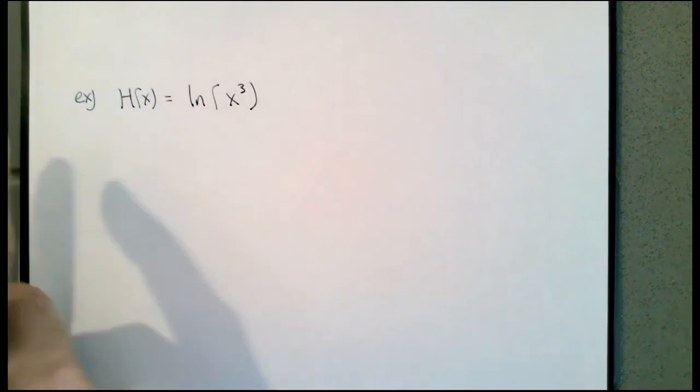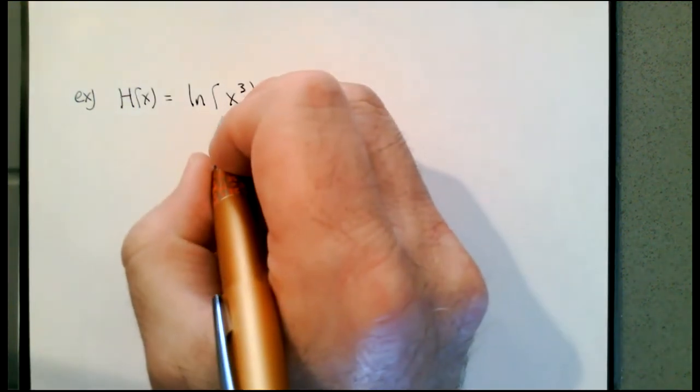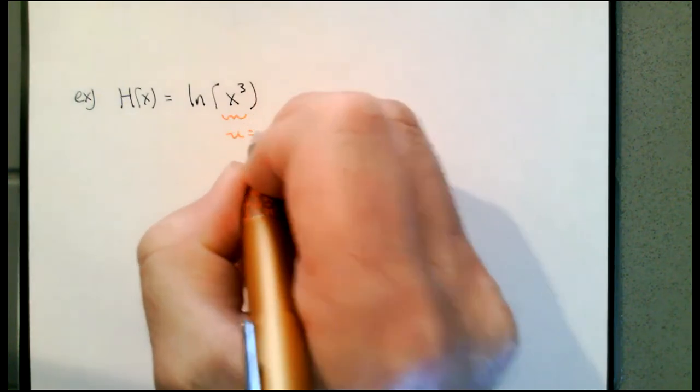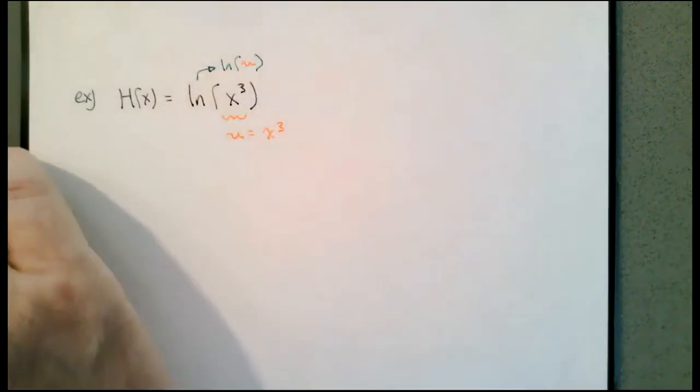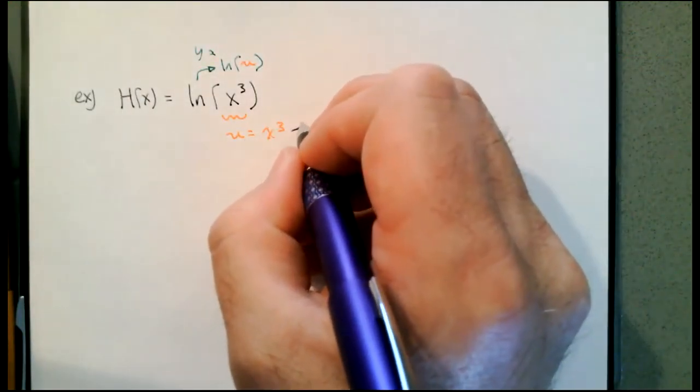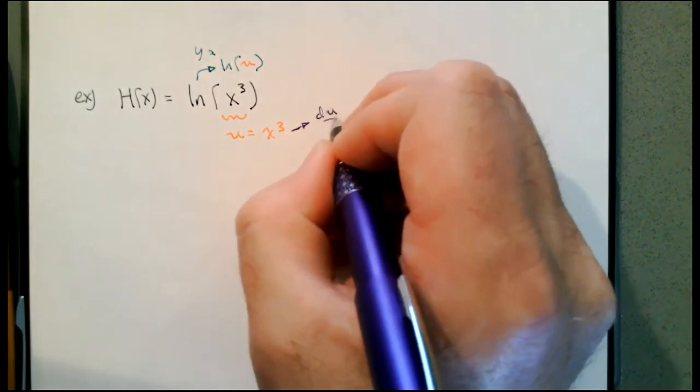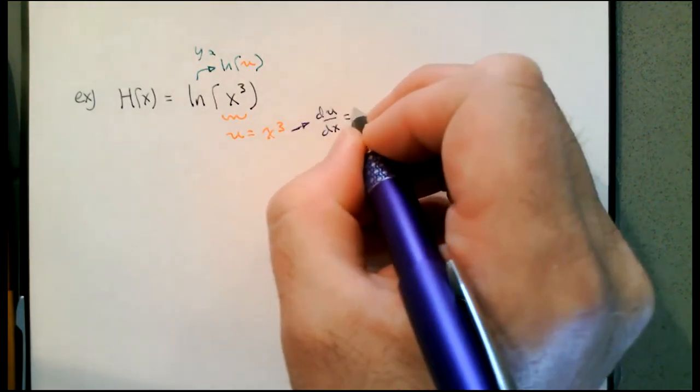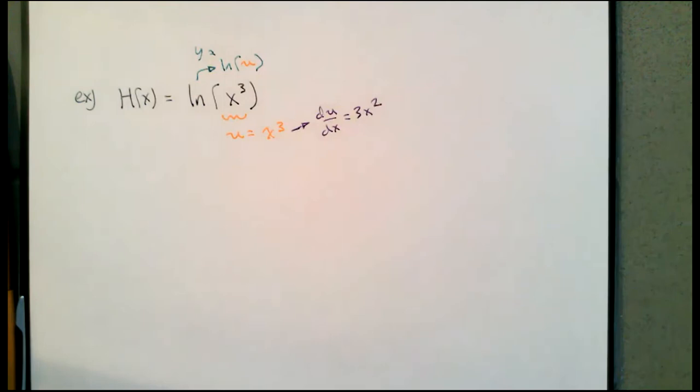We have a chain rule problem where the inside is x cubed, which has been plugged into the outside function, the natural log of u. Since u is x to the third, we need the derivative of the inside, du dx, which is 3x squared.